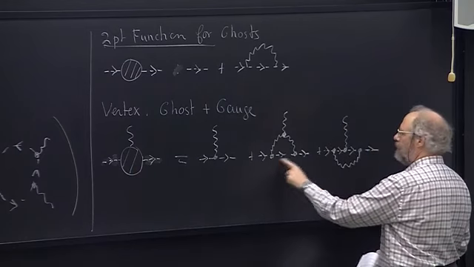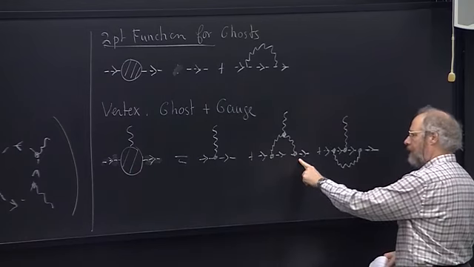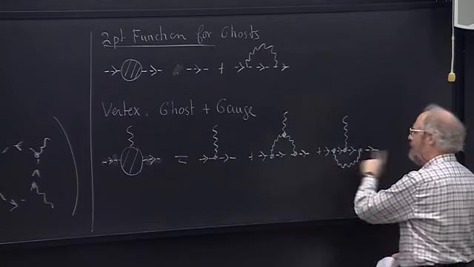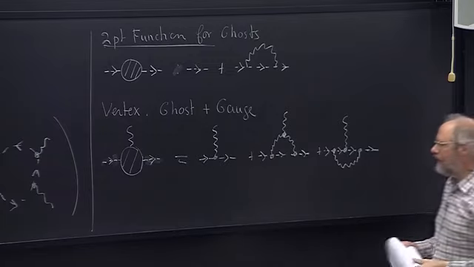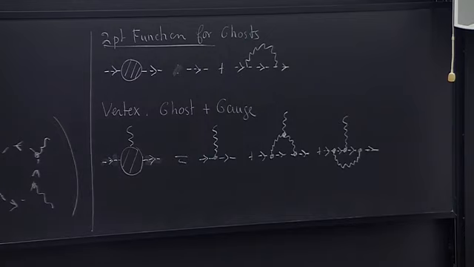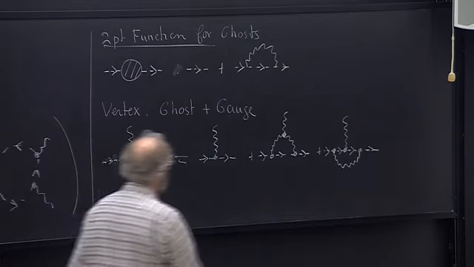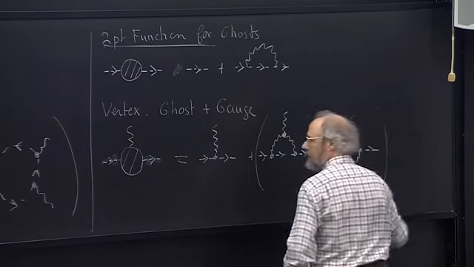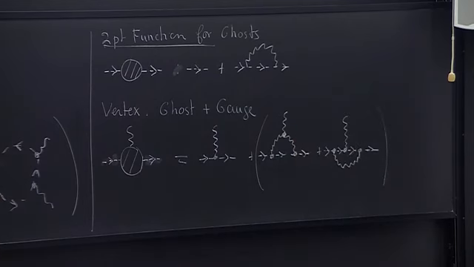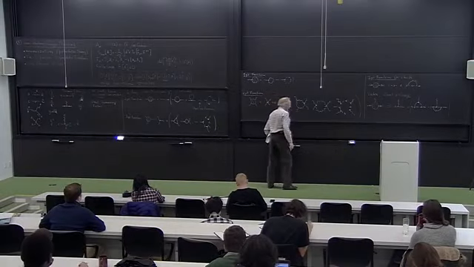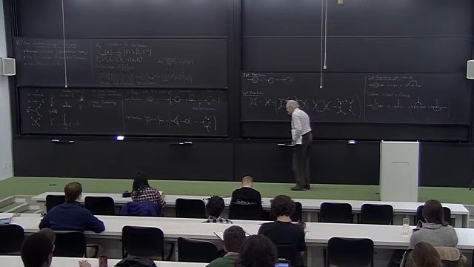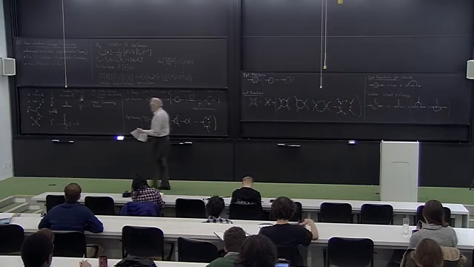This diagram contains two ghost gauge vertices and one gauge vertex, and this one contains 3. So this one is of order g, and this is of order g squared. Okay. So this is a one-loop contribution. This is a one-loop contribution, and those diagrams are one-loop contributions. Okay. So these are the diagrams we have.